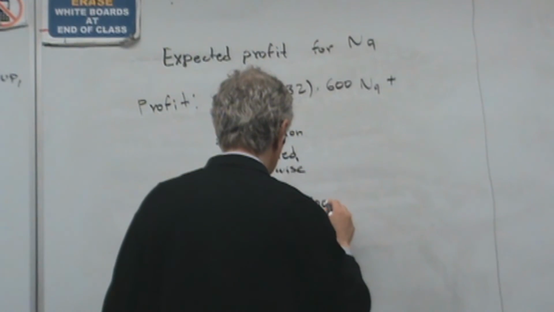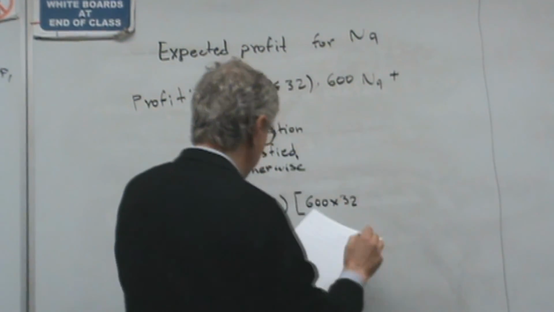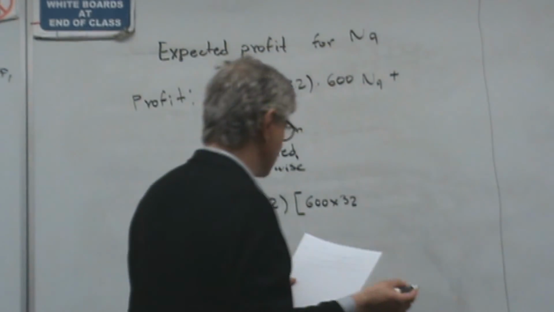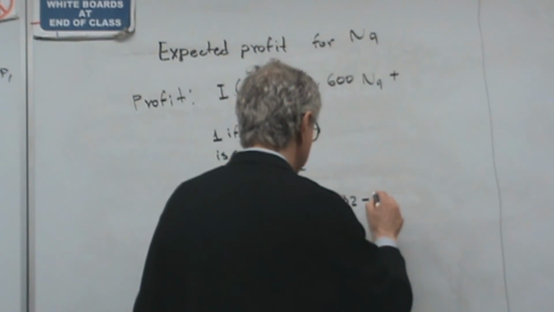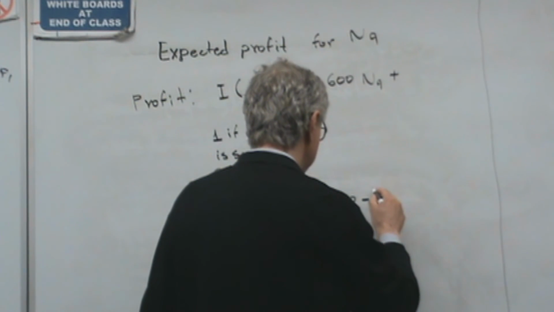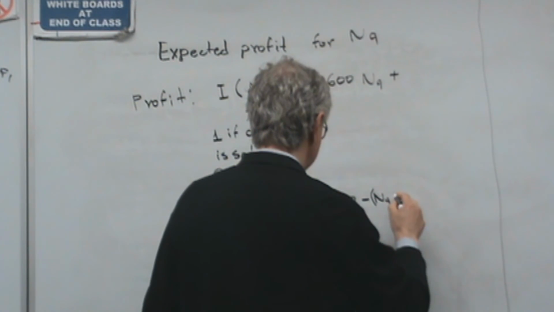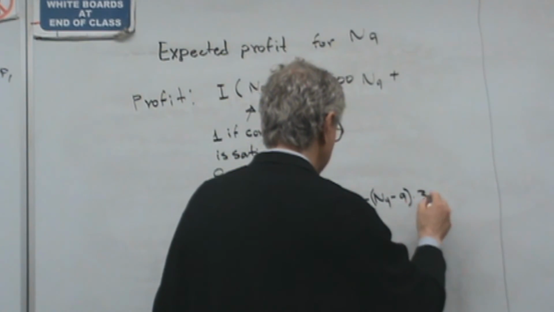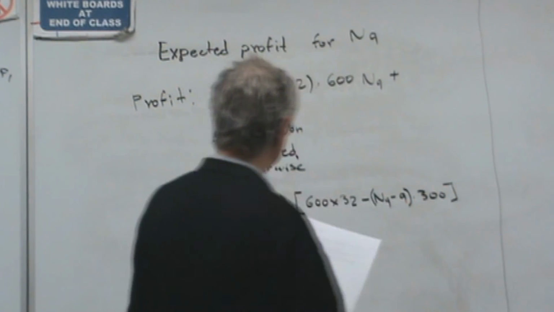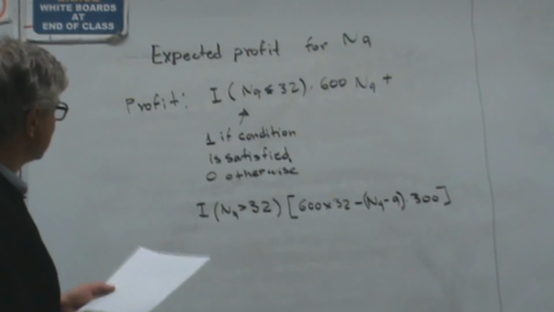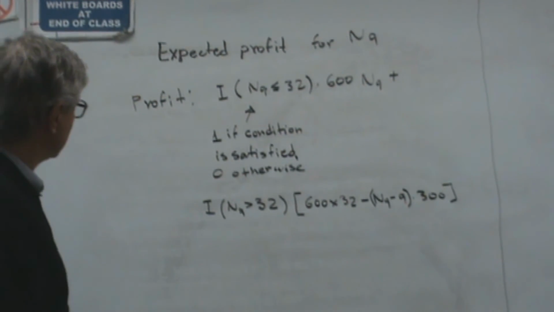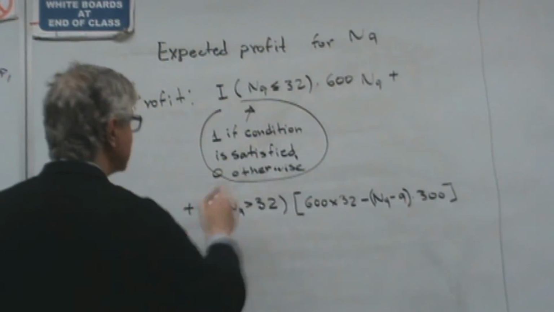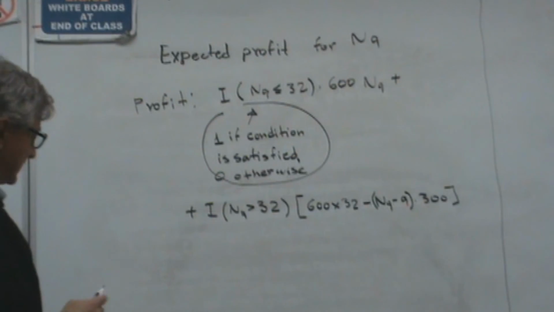So 600 times 32, the profit that we make from the 32 customers that showed up, minus the loss because we accepted extra reservations and we had to compensate the customers $300 each. Okay? So this is the expression for the profit. This is the continuation of the equation.